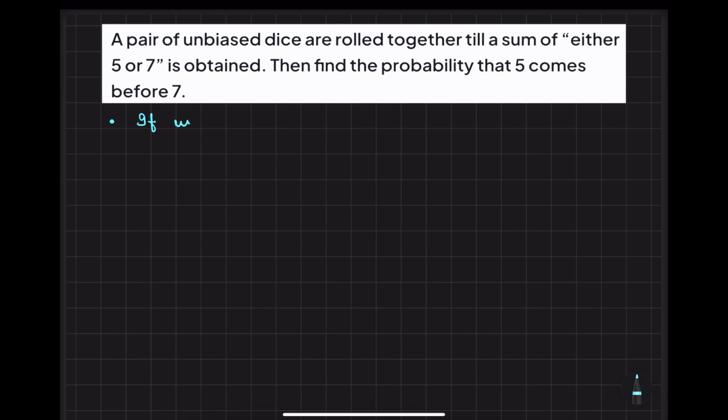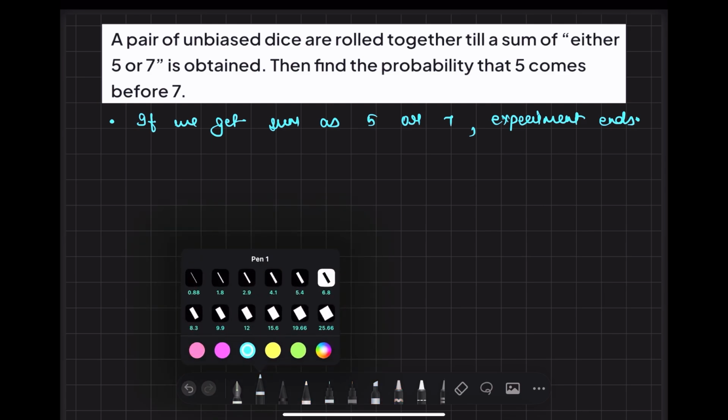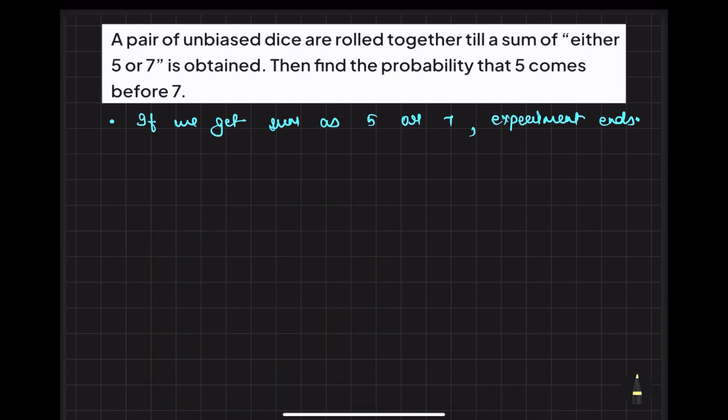If we get a sum as 5 or 7, the experiment ends. So the moment you get a sum of either 5 or 7, your experiment will end. Now, find the probability that 5 comes before 7.